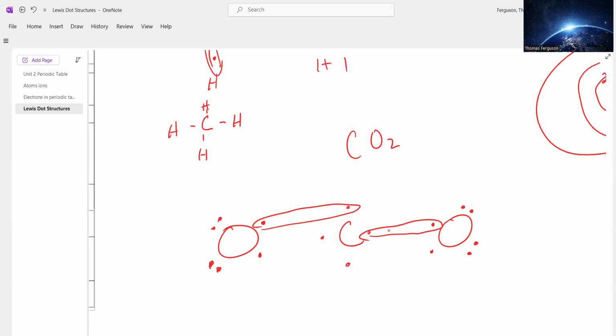Step number 2. Do we have any singletons unbonded? Well, we do. These guys are all unbonded. Those are free radicals. Not good. So we need to go ahead and bond them up.